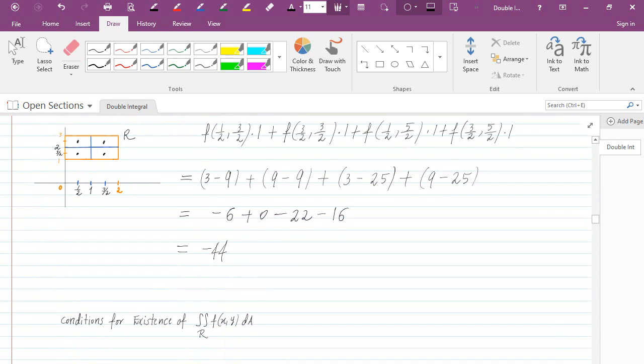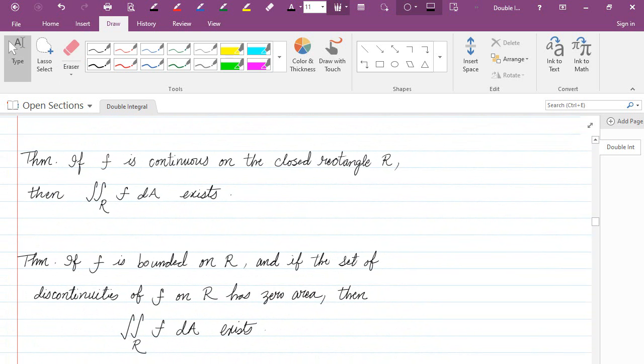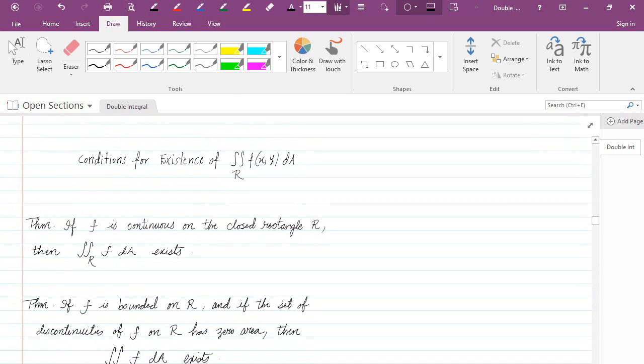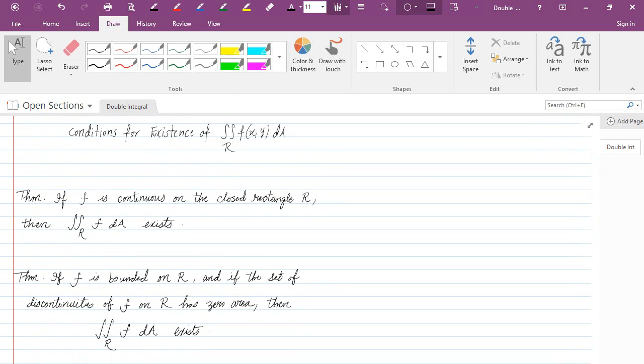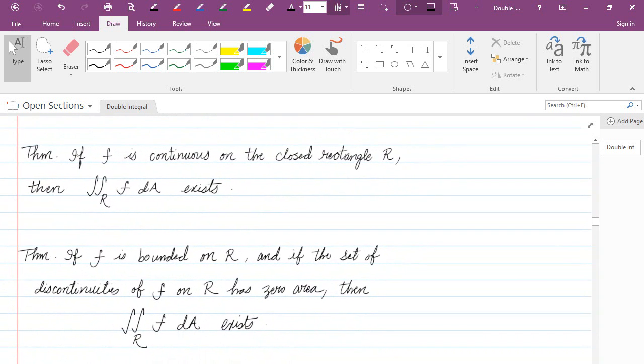Okay, so now I want to present the conditions for the double integral of the function f to exist. So what are the conditions that will guarantee the existence of the double integral of f over the rectangle R? Well, if f is a continuous function on the closed rectangle R, then the double integral of f over R will exist.